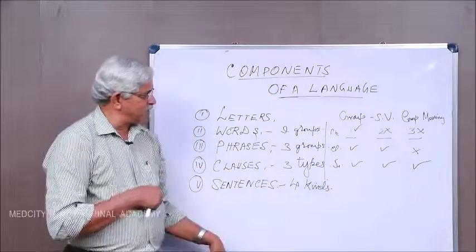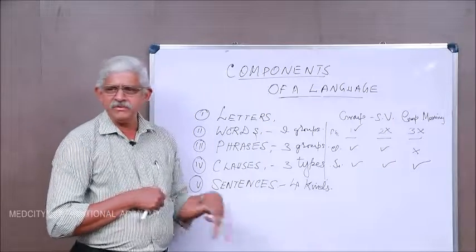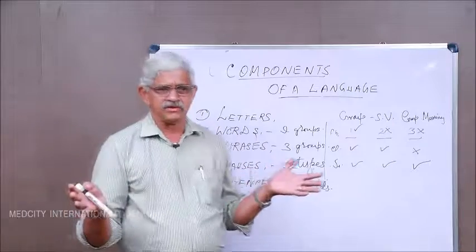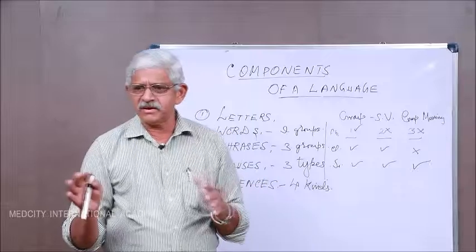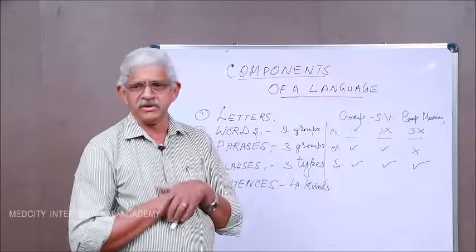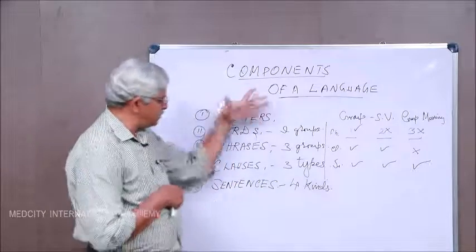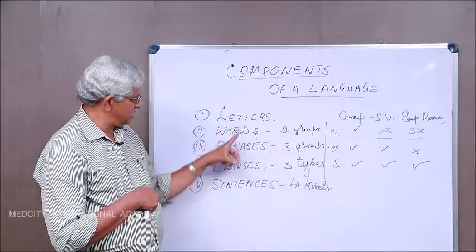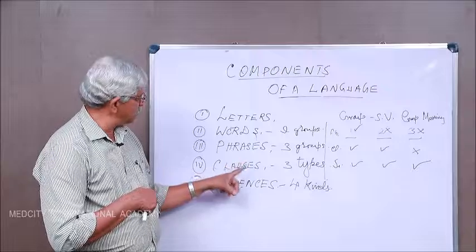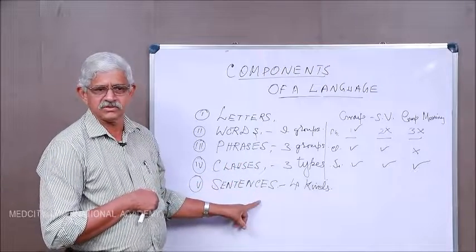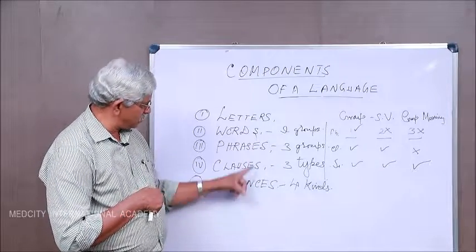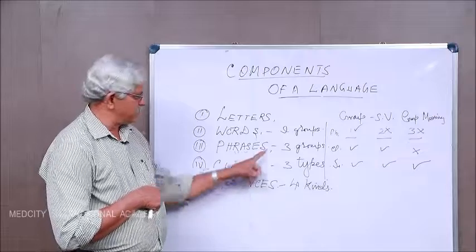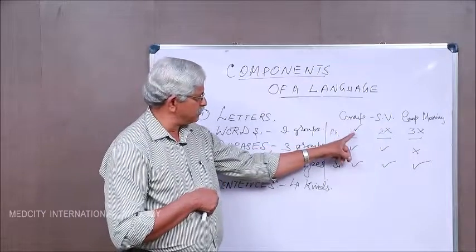So just let us wind up. A language, which is a medium for communication, a systematically arranged instrument for communication, has 5 main components. They are letters, words, phrases, clauses and sentences. Now to focus on the last 3. A phrase is a group of words.